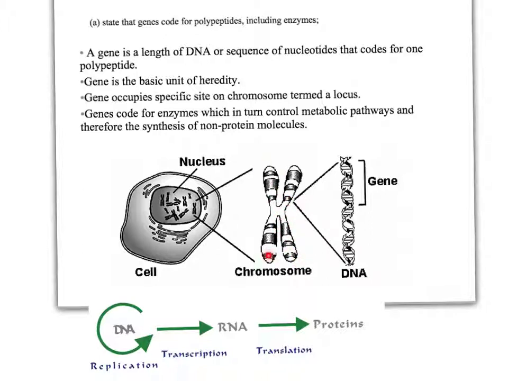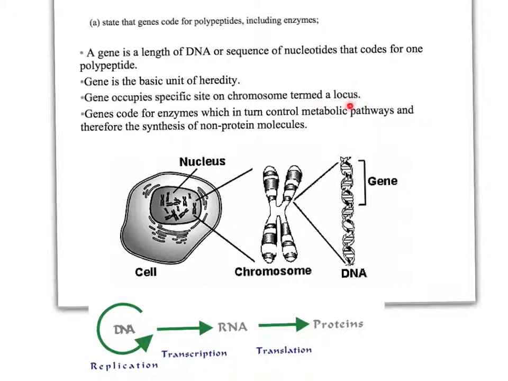Okay? What a gene is, with respect to a chromatid or a chromosome, is a sequence of nucleotides or a length of DNA which exists at a particular position on a particular chromosome. And the term that we use for this position is the term locus.